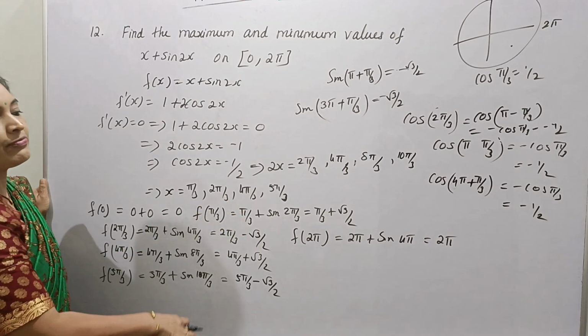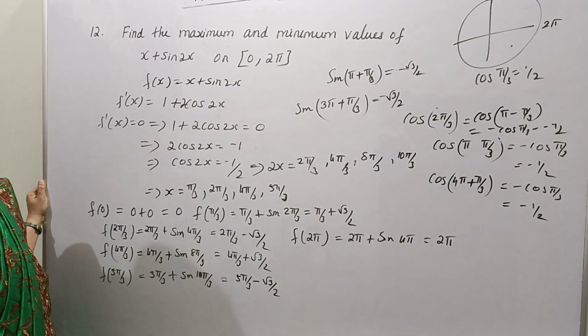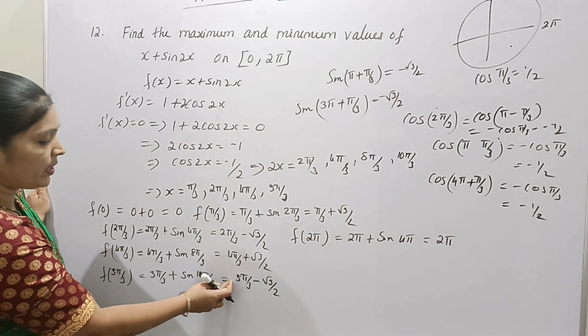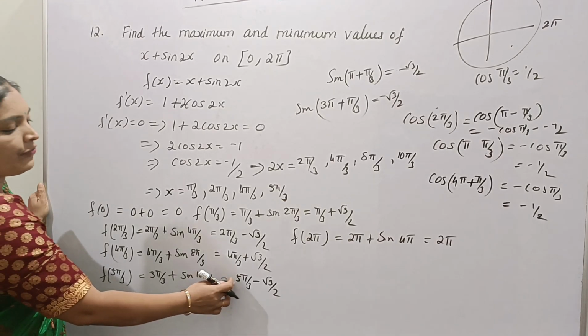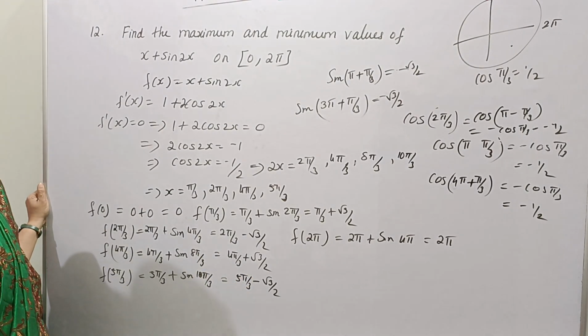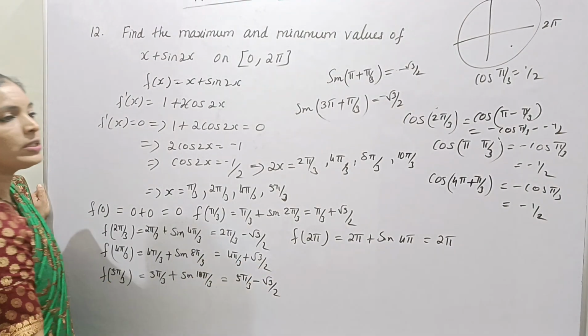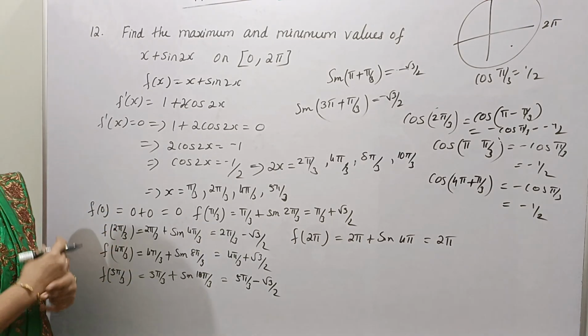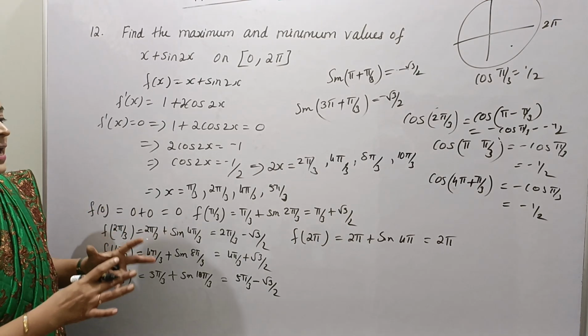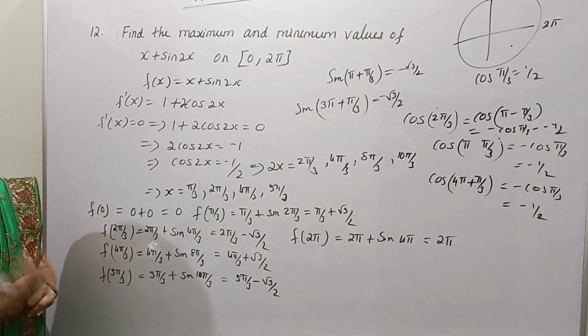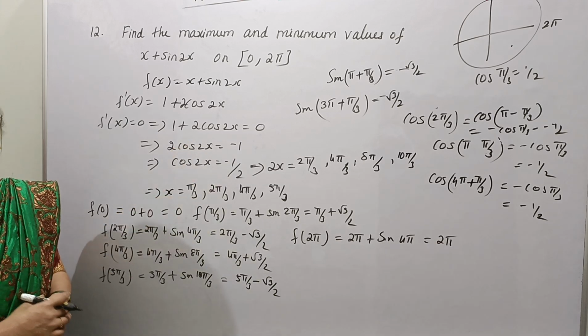Among these values, 2 pi is the maximum, because if it is 6 pi by 3, it will be 2 pi, and 5 pi by 3 minus root 3 by 2 is also less than 2 pi. So we can say 2 pi is the maximum value among these values.